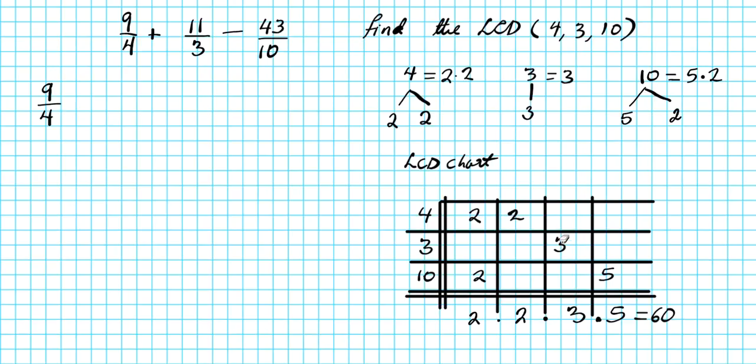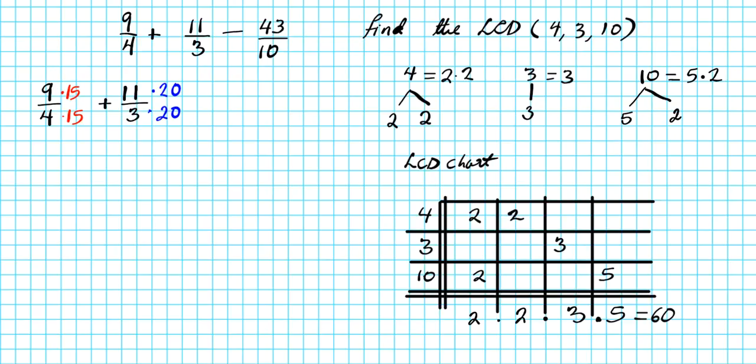For 4, we have 3 and 5 remaining, which is 15. So times this by 15, top and bottom. 11 over 3, we want to convert it into an equivalent fraction where the denominator is 60. So 3 times what is 60? 3 times 20 yields 60.